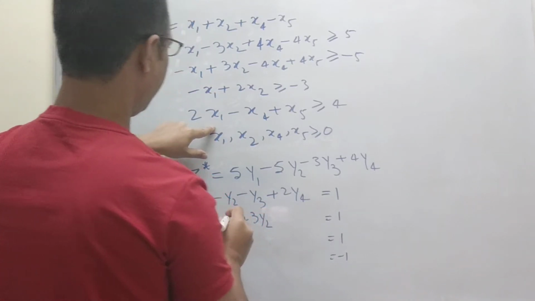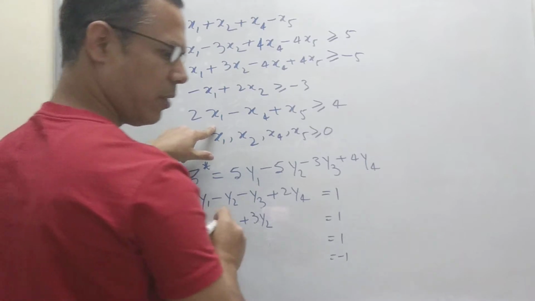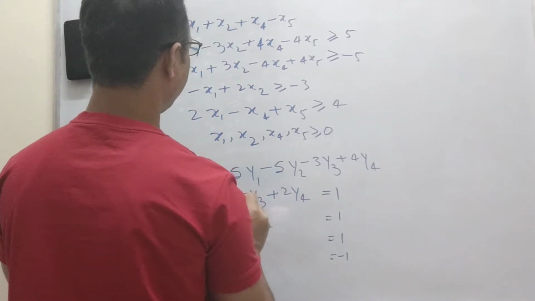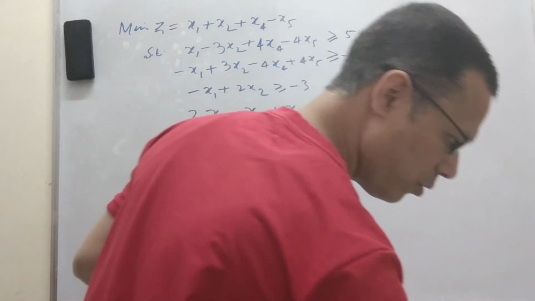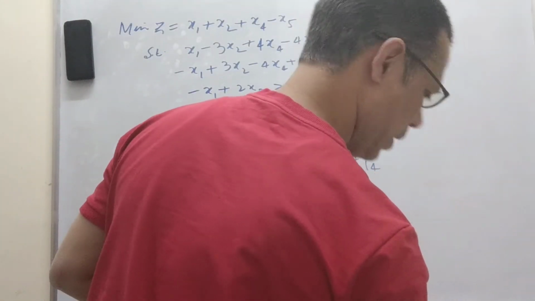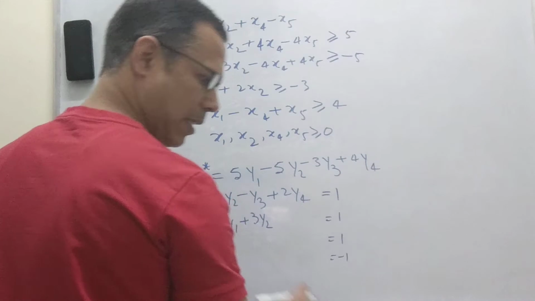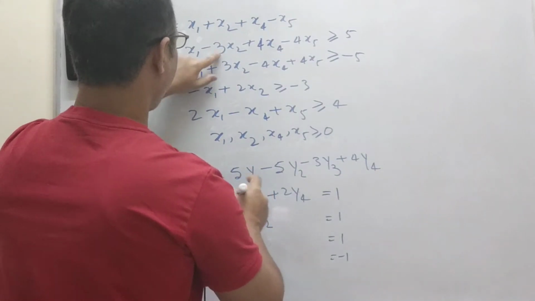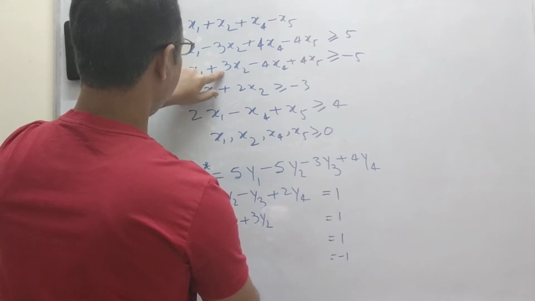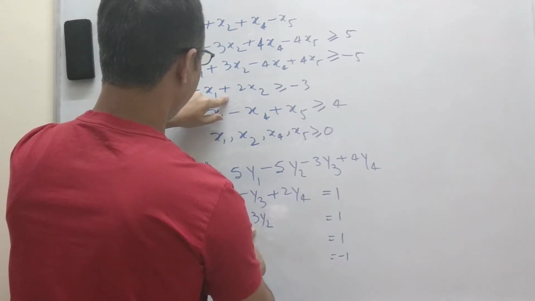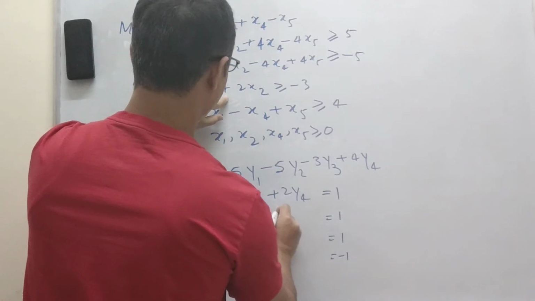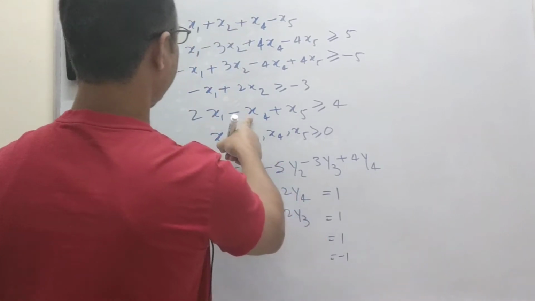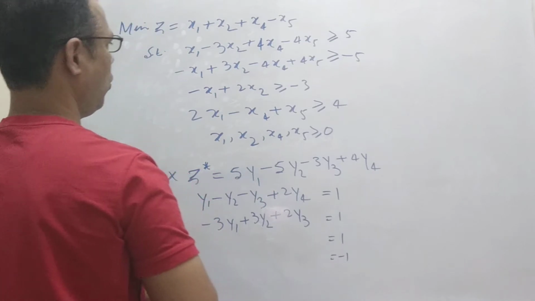In the third constraint I have not given x2, x4 x5, I have directly written x4 x5. Okay, no problem. Whatever I have given, we will proceed accordingly. So 3 minus 3 y1 plus 3 y2 plus 2 y3, because there is no x2, we need not go up to these steps.